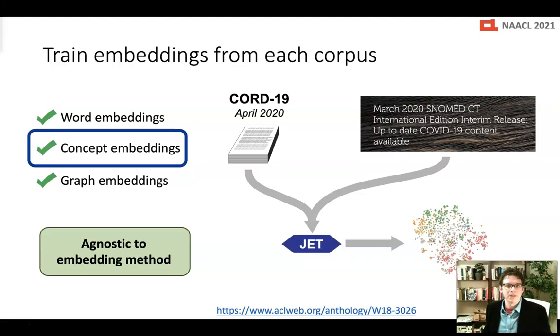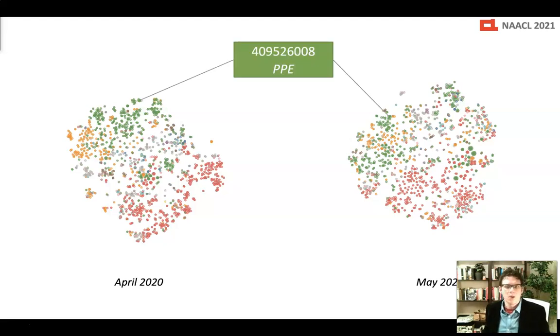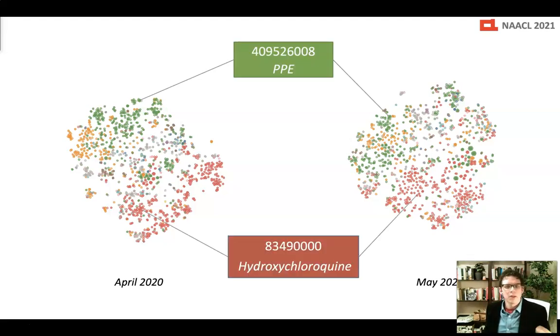So these are medically relevant terms, trained from monthly snapshots of COVID-19 using JET, a distantly supervised entity representation learning method. So after running each corpus through the chosen embedding method, we can compare the embeddings for any given word or concept, like here PPE or hydroxychloroquine, by looking at its nearest neighbors from each corpus.